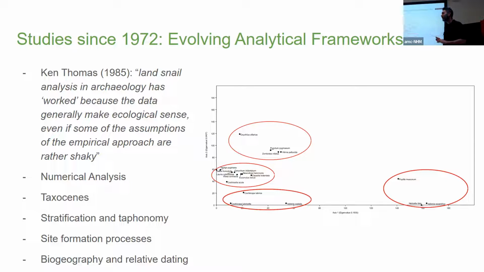Another innovation that John brought to land snail studies at the end of the 1980s and early 1990s is the adoption of the use of taxocenes. So this is a concept from ecology of species that interact with each other, that occupy similar ecological niches. They tend to be of similar size, similar life history.